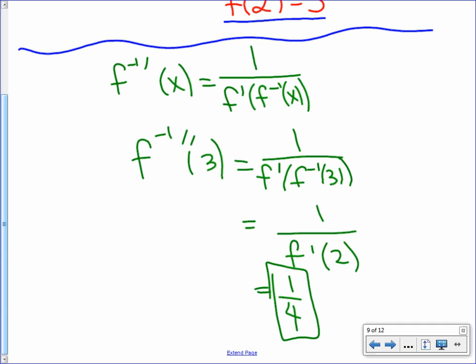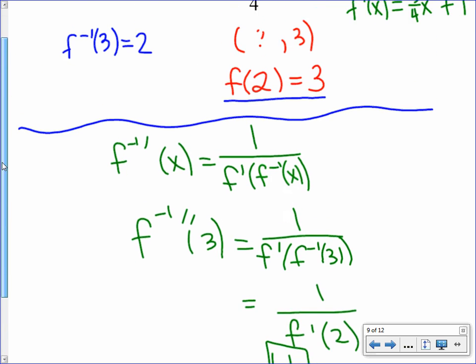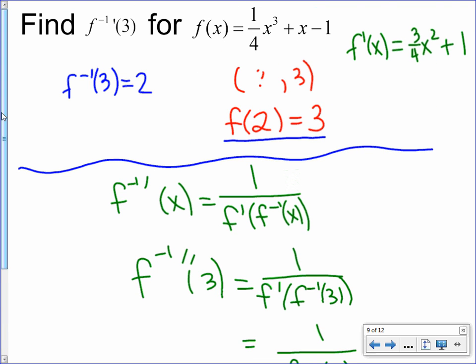Okay, so let's sort this through. We took the derivative of f, right? Since we're evaluating the derivative at 3, for our inverse, we plugged in 2 to our derivative, right?